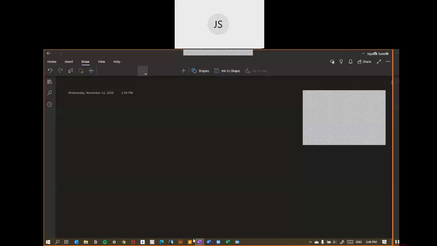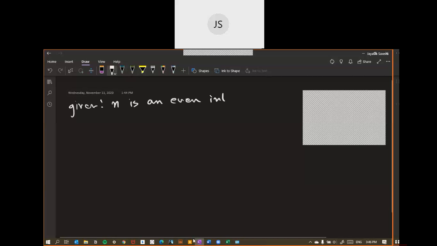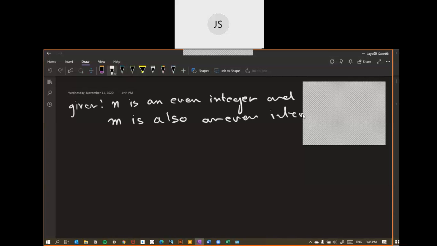So let's say it's given to us that n is an even integer and m is also an even integer, then n plus m is also even. Now, notice what this statement is trying to say.